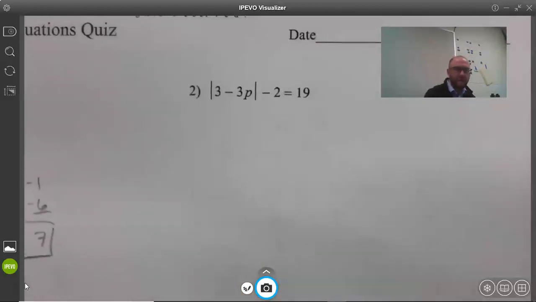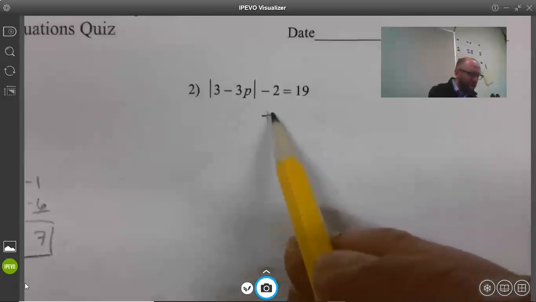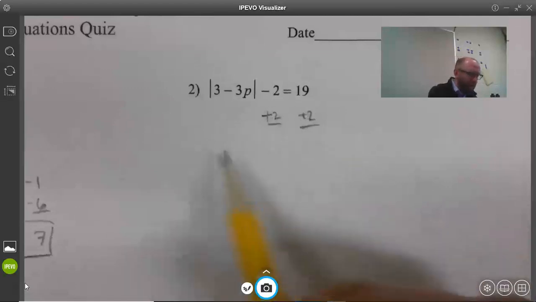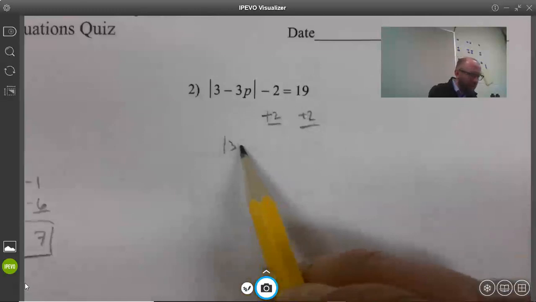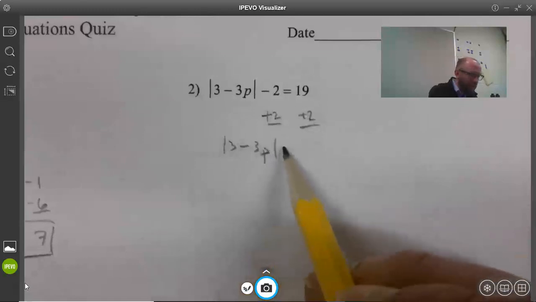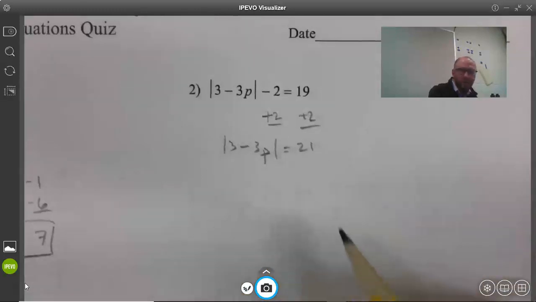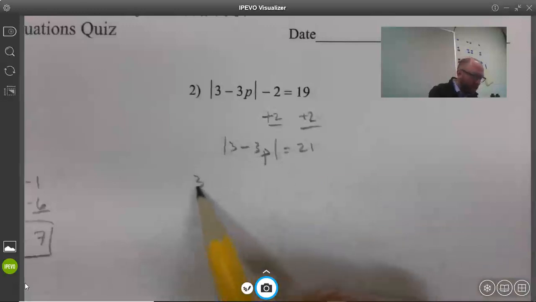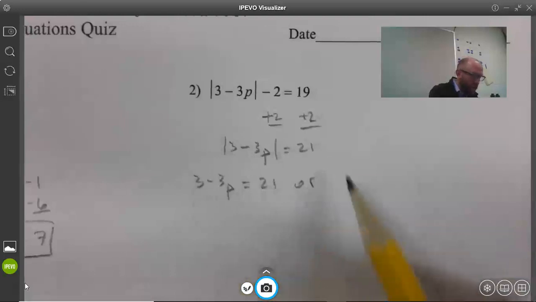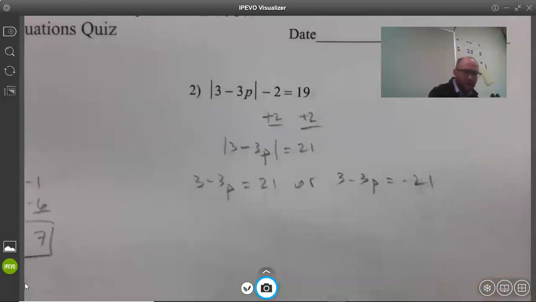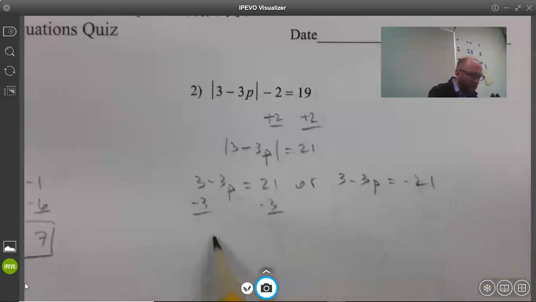Next one here, I'm going to have to get rid of this negative 2 by adding 2 to both sides, which gives me the absolute value of 3 minus 3p equals 21, which means that 3 minus 3p equals 21, or 3 minus 3p equals negative 21. I'll subtract 3 from each side of the equation, and I get negative 3p equals 18.